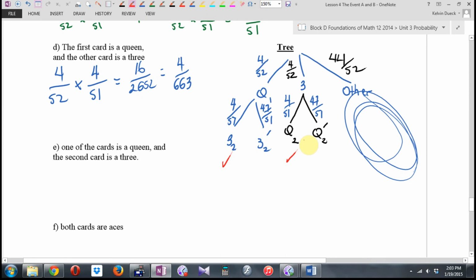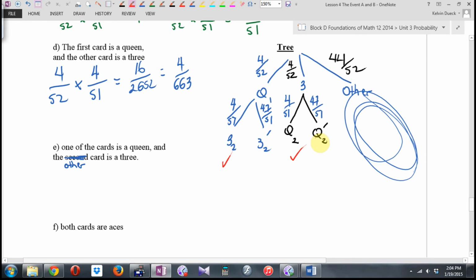Oh, one of the cards is a queen. I'm sorry. You know what happened? I think I mistyped this, Mr. Dueck. I think what I meant to say, one of the cards is a queen, and the, can you cross out the word second? Thank you, Ben. Other card is a 3. Let's make it that way. Note to self, fix this. And that's why this second branch works.